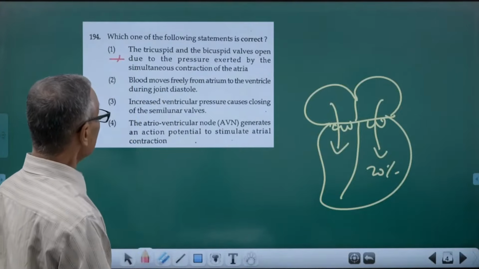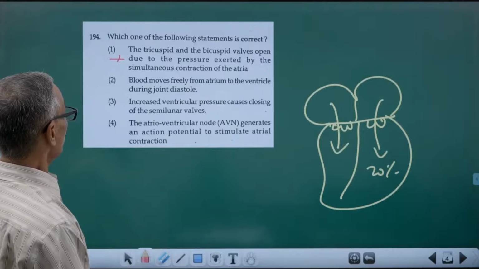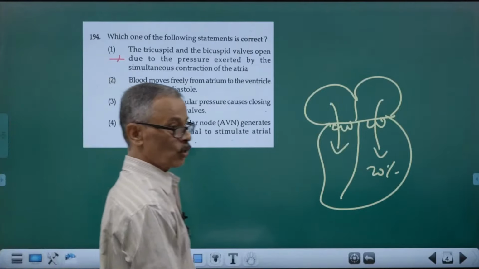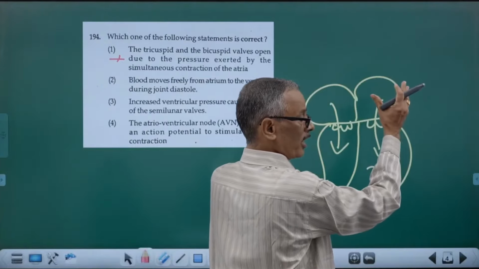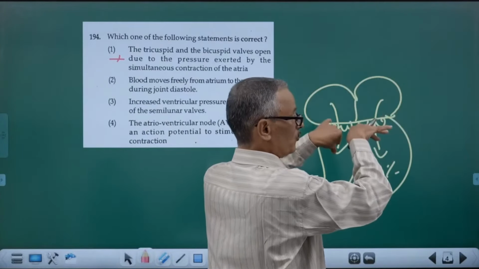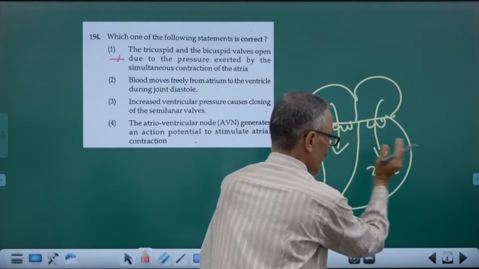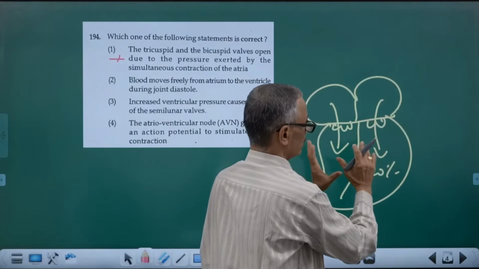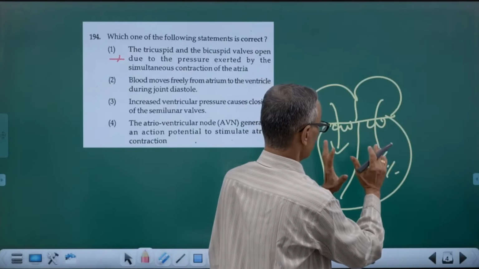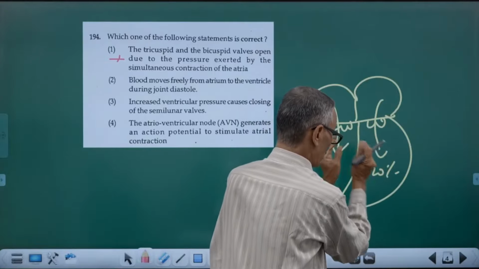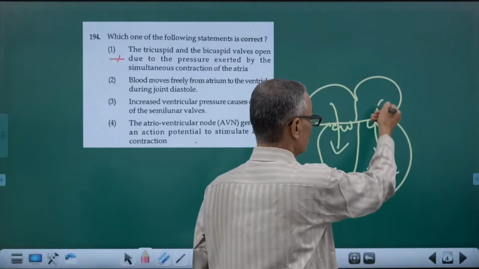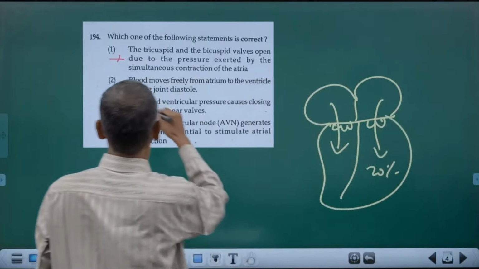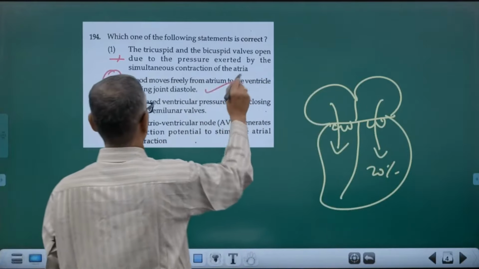Blood moves freely from atrium to ventricle during diastole. The atrium will first come to the diastolic state, so atrial filling takes place. Now the ventricle also comes back to the diastole stage, and during that the pressure inside the ventricles is decreasing and 70% of the blood is coming. So that is the correct one.